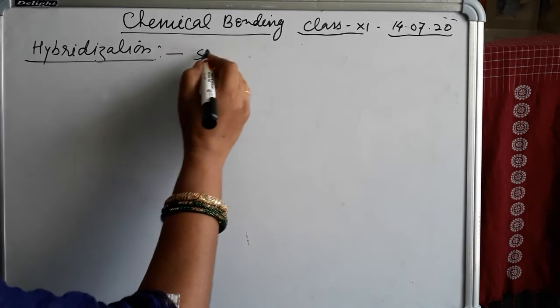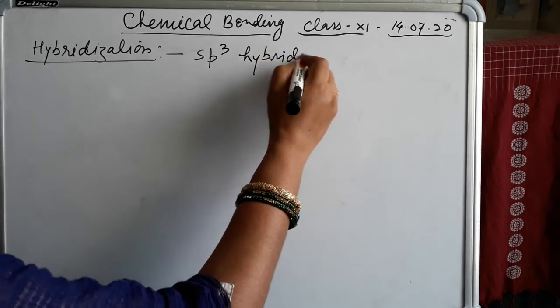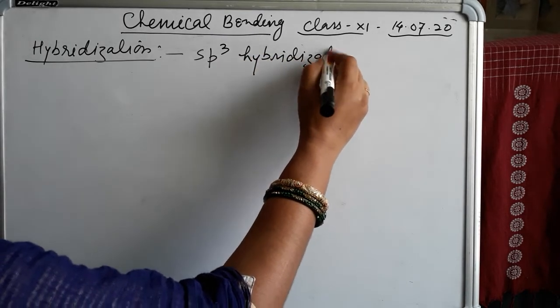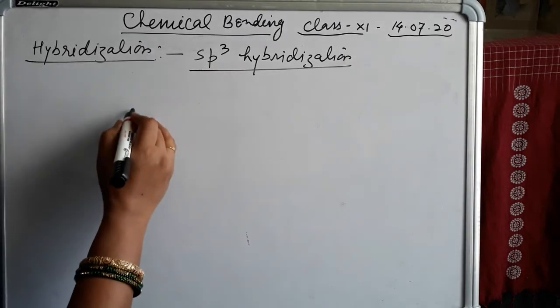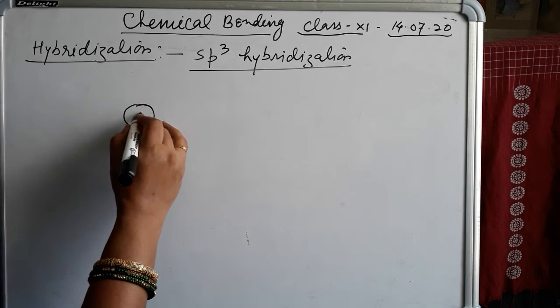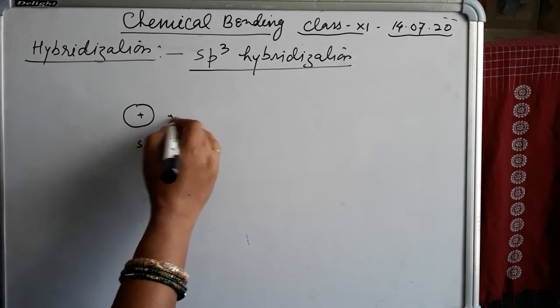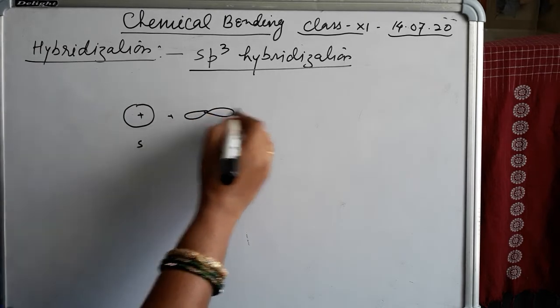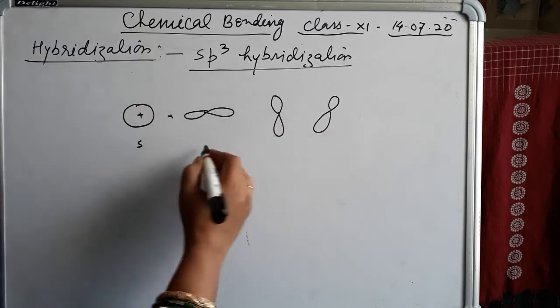The next one is sp3 hybridization. One s and 3p, simply 1s and 3p: px, py and pz.